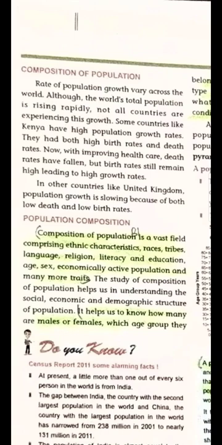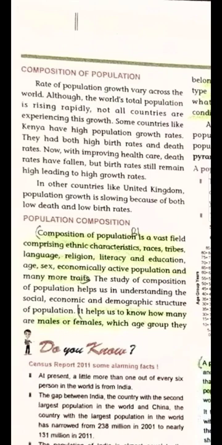So, why are the social scientists studying the population composition of a country? They are studying it because it helps us to know about the social, the economic and the demographic structure of the population.